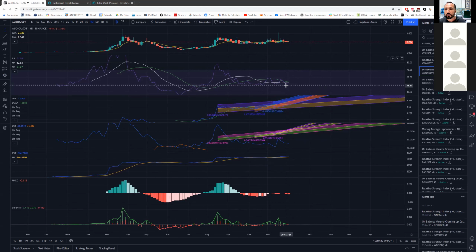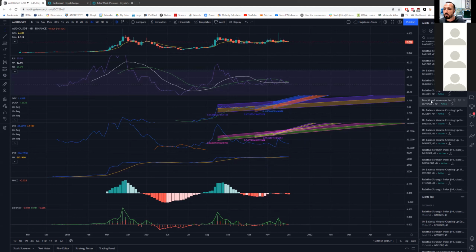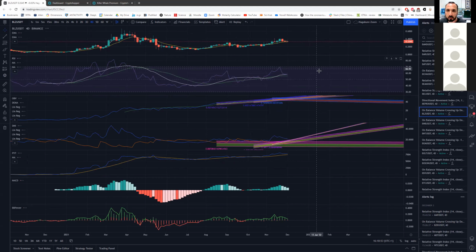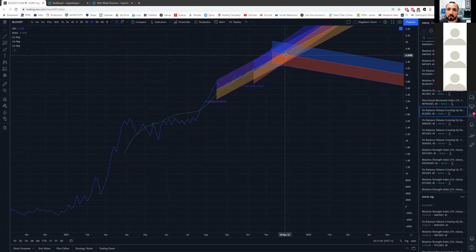So here I set the alarm to trigger when the RSI goes up through the MA. For another one, let's say for Blue Zell, the trigger is when the unbalanced volume crosses up the DEMA. So when this one goes up here, even though it looks nice, it's not beautiful yet.